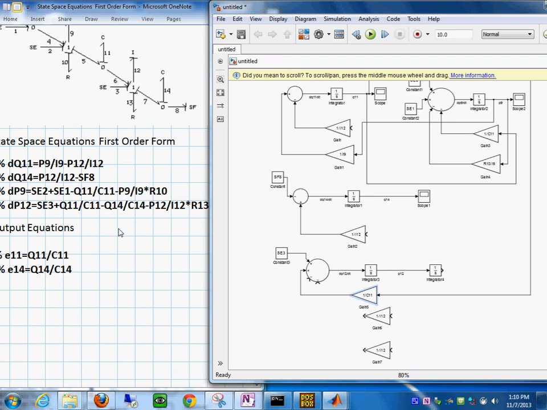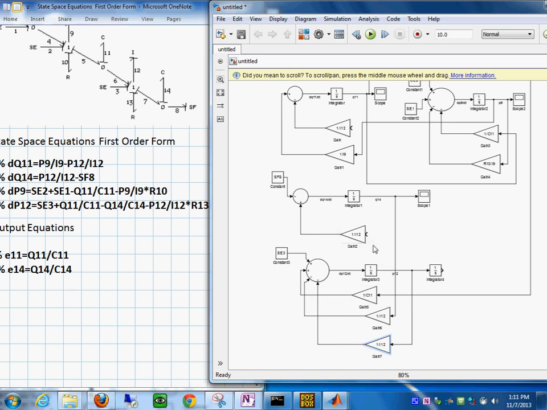And then the other one, it comes from Q14, which is this one, right there. And that goes to this one. And the other one comes from what? dp12, this one like this. And this will connect to the last one right here.